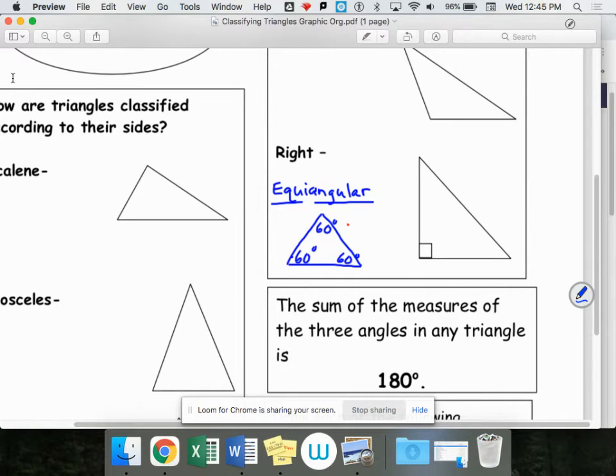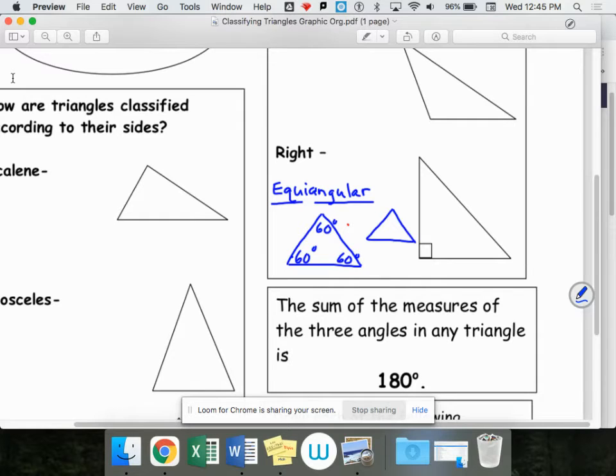Another way that we could represent an equiangular triangle would be to use symbols to represent the congruent angles. And with lengths, remember, we had like a congruence mark through the side. With angles, we used an arc, kind of a little rounded symbol in each angle.